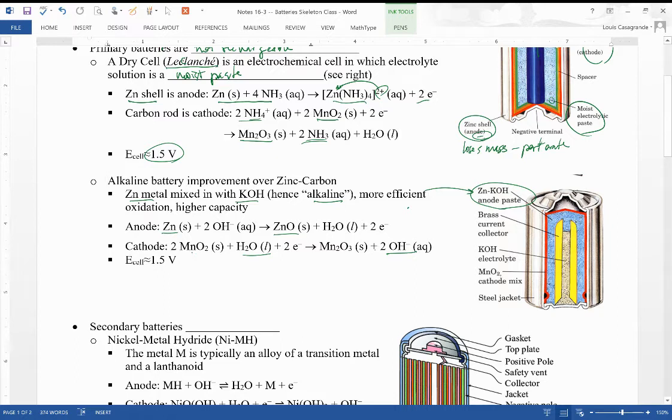And again, we go from manganese 4+ to manganese 3+, and the cell voltage, you'll not be surprised to find out, is essentially the same, with essentially the same reactions. But now the anode is no longer the zinc metal. The anode now is in contact with a steel jacket, and that steel jacket does not perforate. It does not corrode.